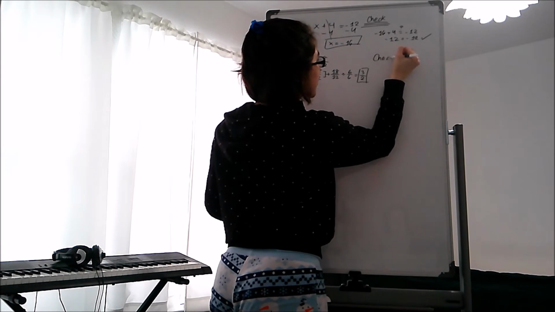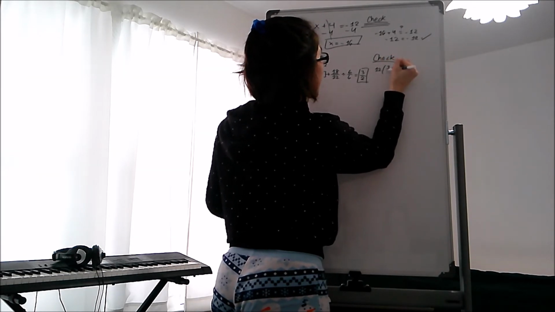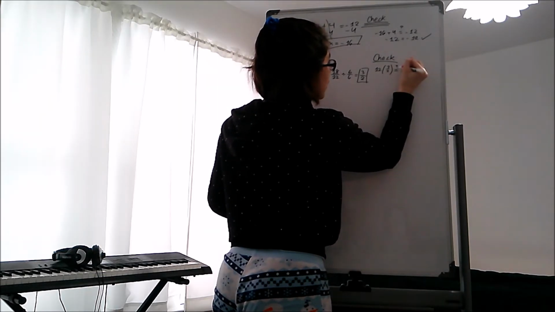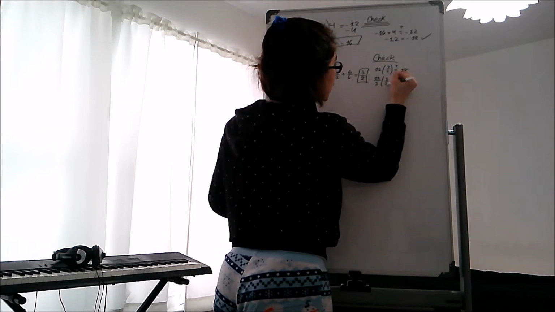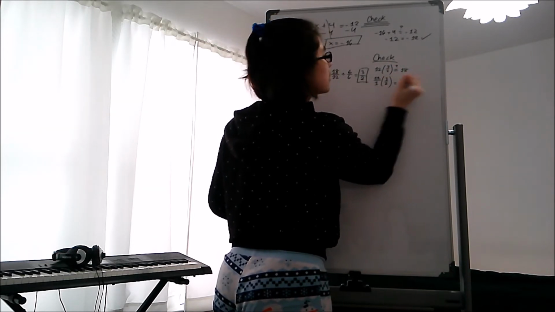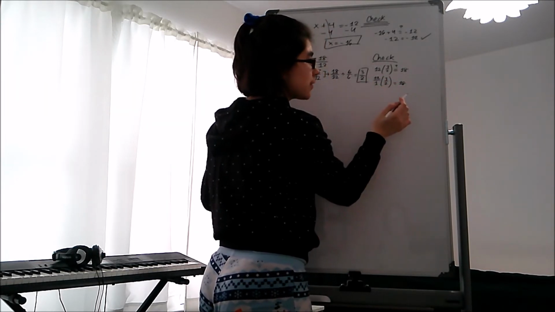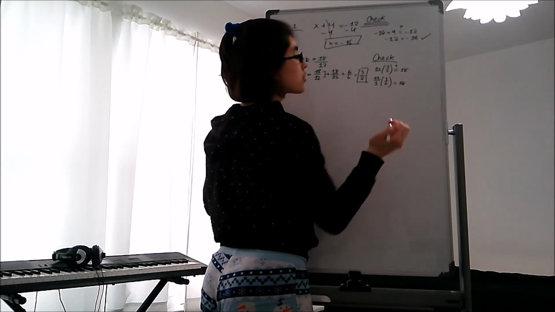Does it work? So we're going to check. Does 12 times 3 halves, or 3 over 2, equal 18? Well, you can rewrite 12 as a fraction, 12 over 1 times 3 over 2, and what you do is you just multiply the numerators and the denominators when you're simplifying this kind of expression. But you can also reduce early on in the process.